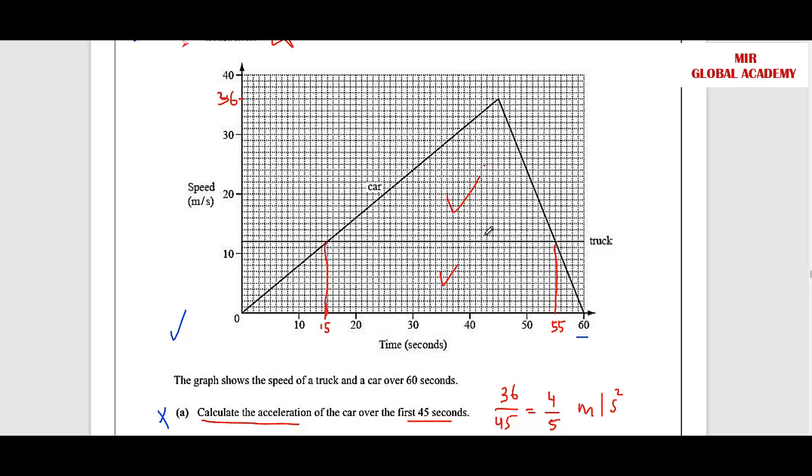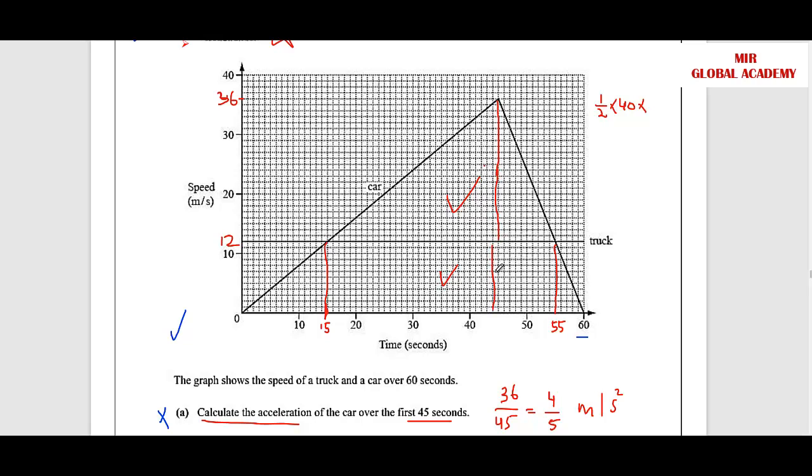To find the area of this whole portion, we have to find the area of this triangle and this rectangle. The base of this triangle is 55 minus 15, that is 40. Now the height of the triangle: the total length of the line from the x-axis to this point is 36, and this is 12.